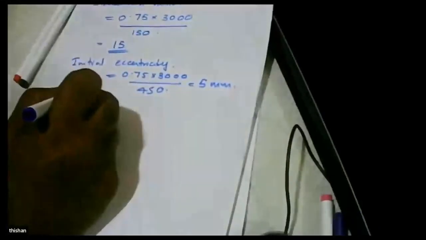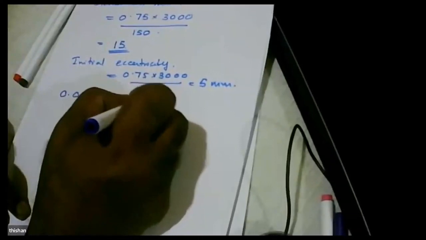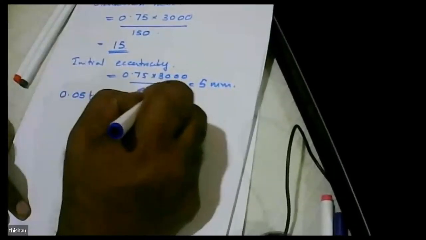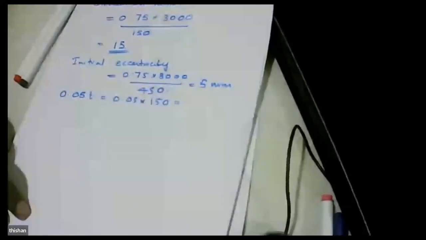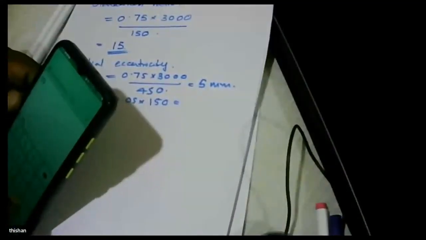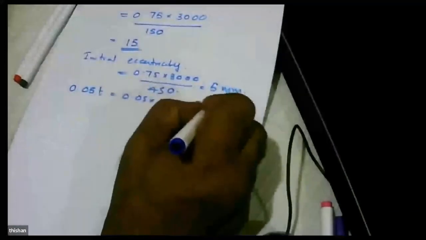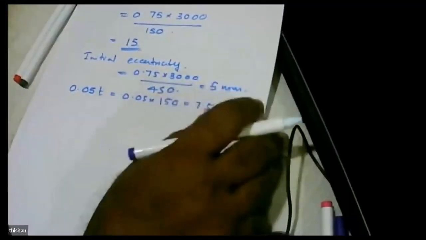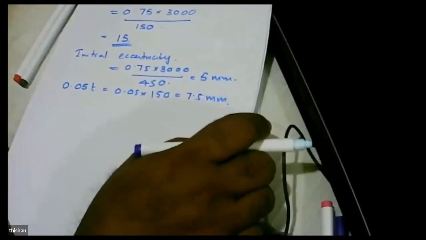And 0.05 T is equal to 0.05 into 150, so that is 7.5 millimeters. So this initial eccentricity is less than 0.05 T.